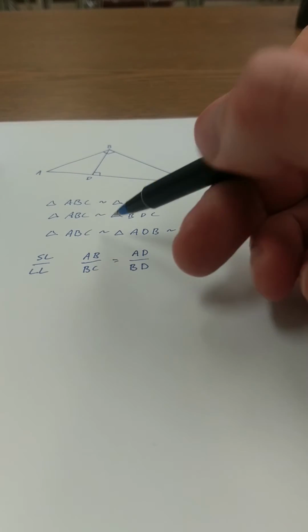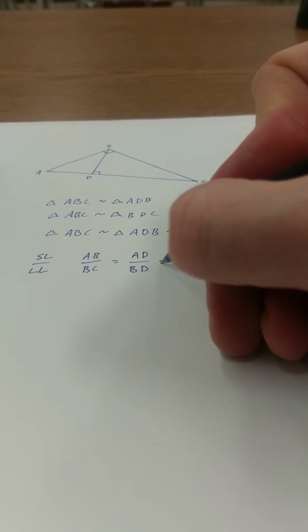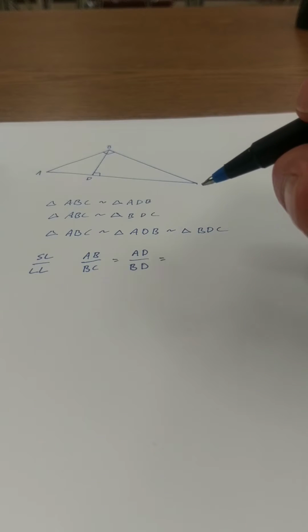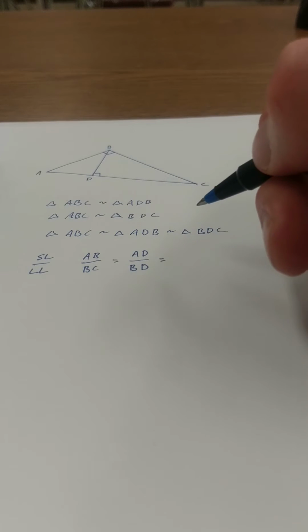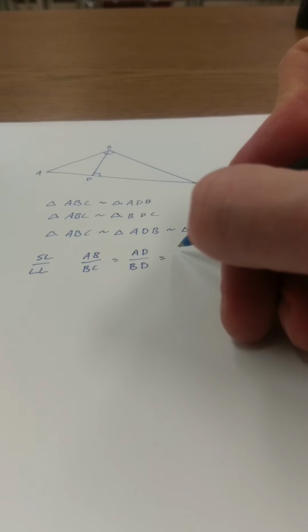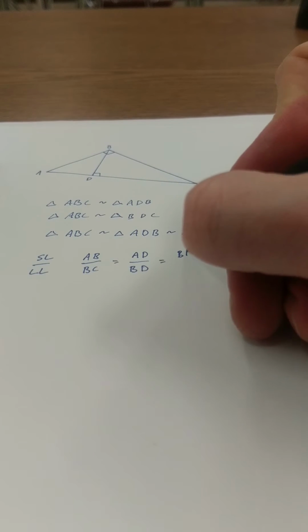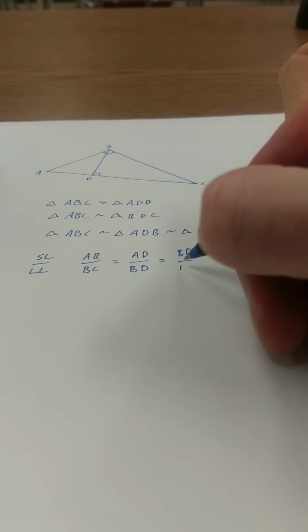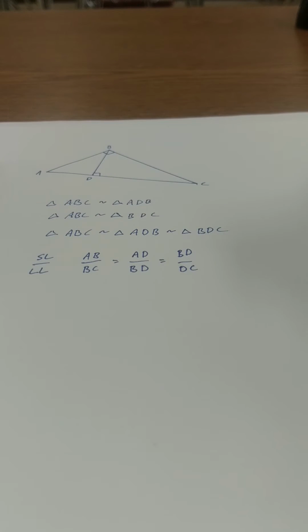This is equal. And since we have three similar triangles, we can write a proportion with three equal ratios. So lastly, we have the medium triangle, which then the short leg of that is BD, and the long leg of that is DC.